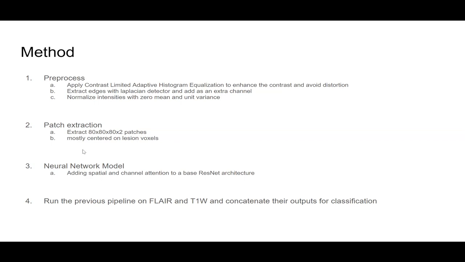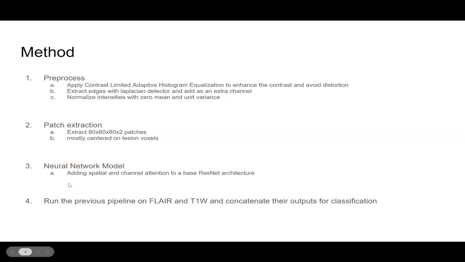So we will have a patch in the form of a box. The first channel is the original modality like FLAIR, and the second channel is the extracted edges. We extract patches from this image. The size of the patches is 80 by 80 by 80 times 2. The patches that we extract are mostly centered on lesions: around 60% of them are on the lesion, and the rest are non-lesion.